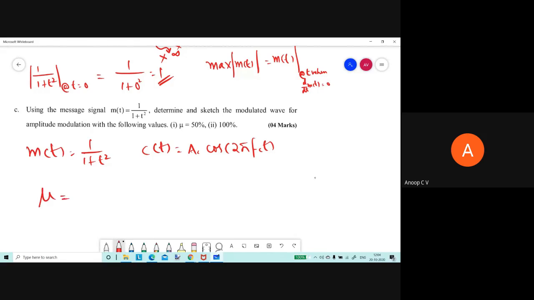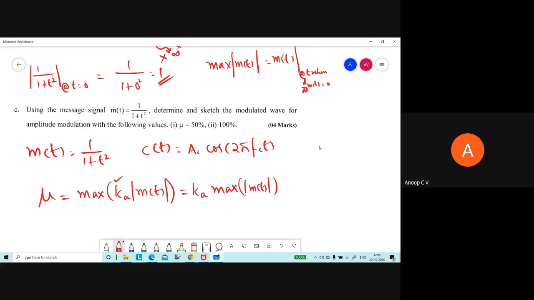Mu is given. Mu is nothing but the maximum of Ka times mod of m of t. Ka should be a constant, so it is Ka times the maximum of mod of m of t.